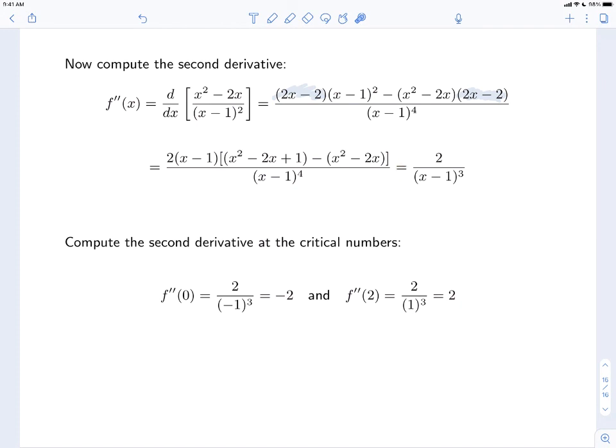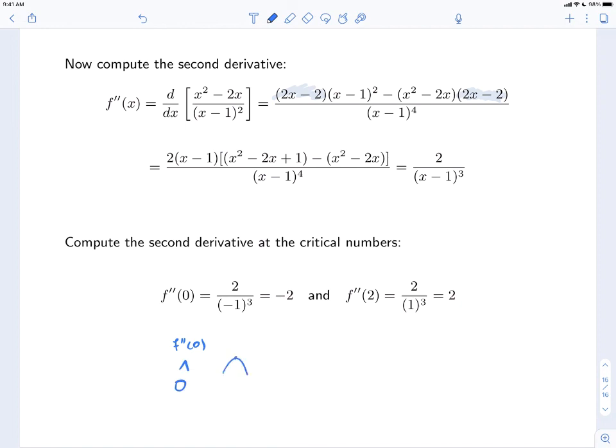So now let's compute the second derivative at the critical numbers. We have f double prime at 0 is 2 over 0 minus 1 quantity cubed. Well, that's just negative 2. So in particular, it's negative. f double prime at 0 is negative, so that tells us that we have a concave down shape.